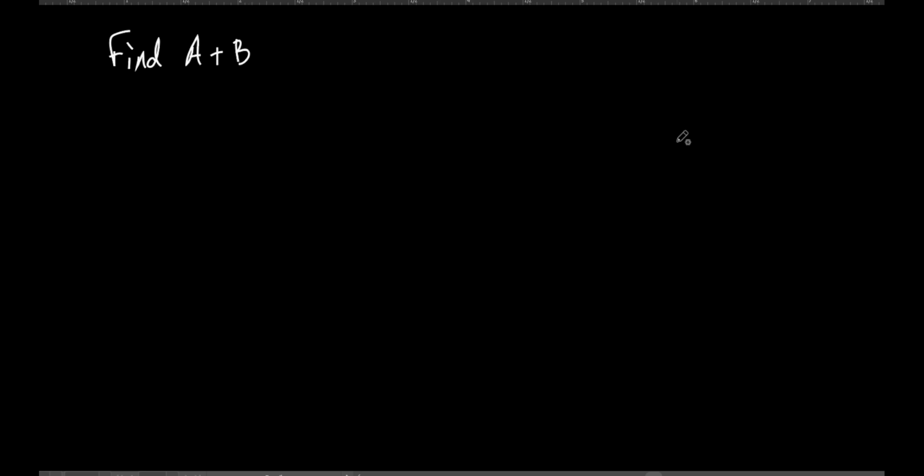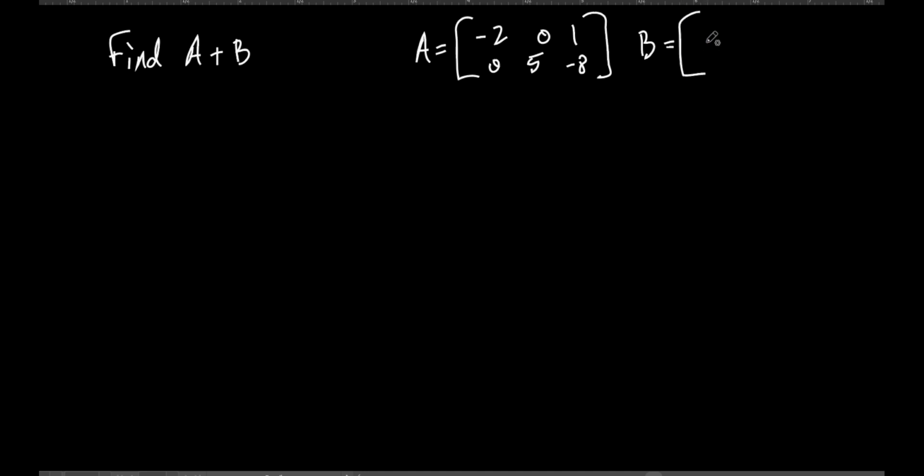Now, I don't know what A and B are, but they tell us what they are. So they tell you A is, and let's just write this down, negative 2, 0, 1 in the first row, and then 0, 5, negative 8. And then B, again it's going to be the same dimensions, but it's -6.